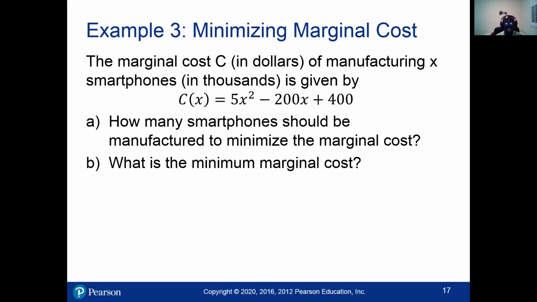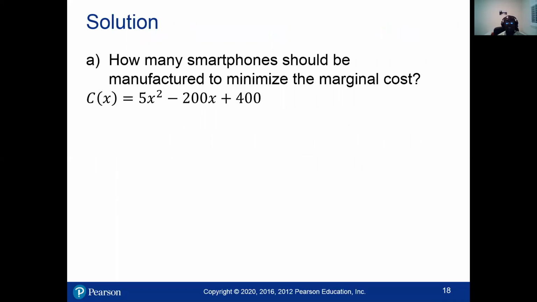Okay, so the question is how many smartphones should be manufactured to minimize the marginal cost? And what is the minimum marginal cost? Well, how do we know that this marginal cost function has a minimum value?